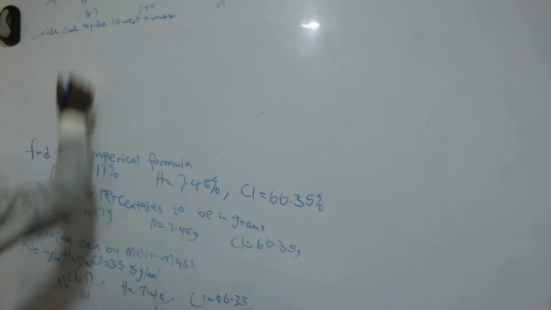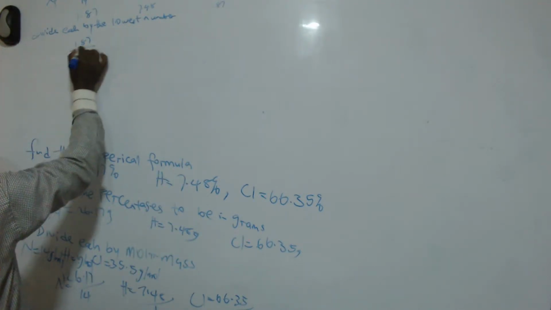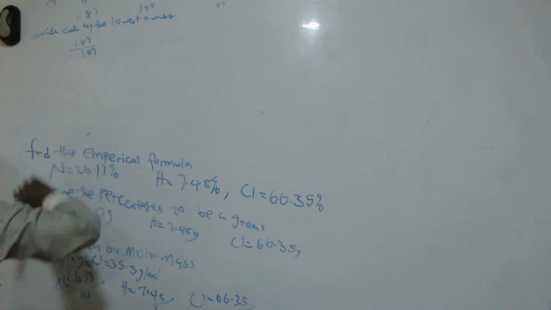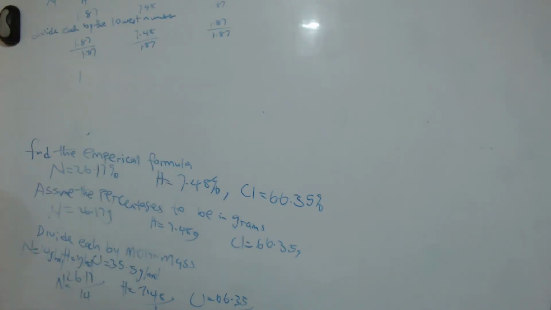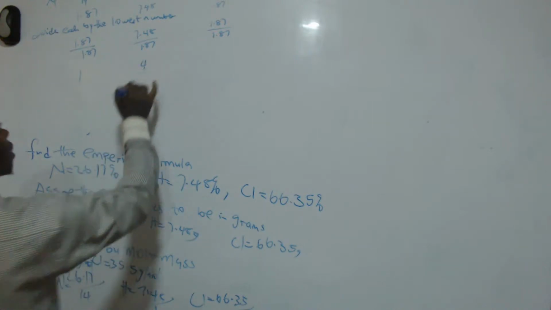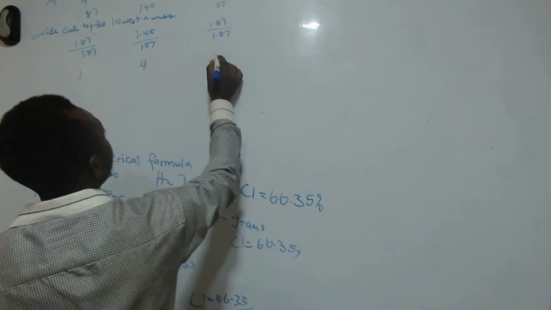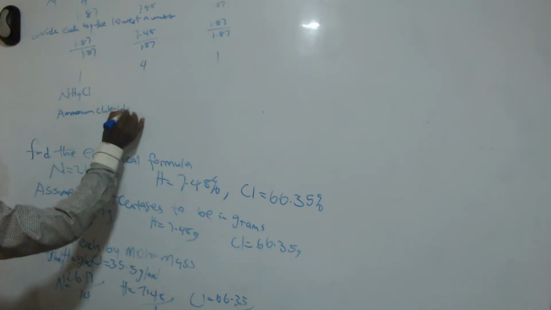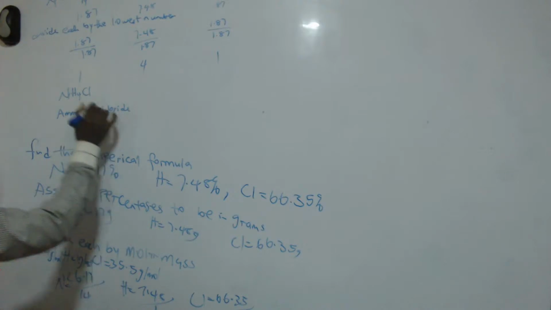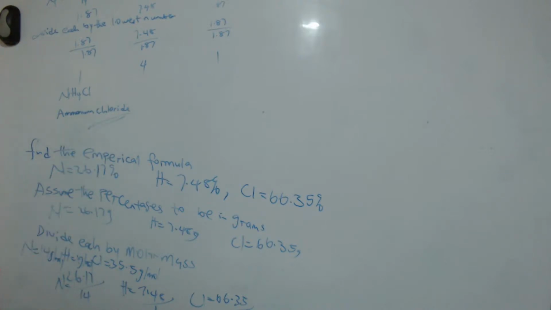So we get 1.87 over 1.87. 7.48 divided by 1.87 gives you 4, and 1.87 divided by 1.87 gives you 1 chlorine. Very, very easy to understand. So this is ammonium chloride.